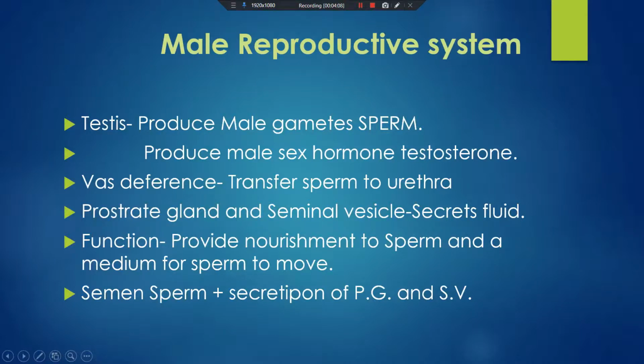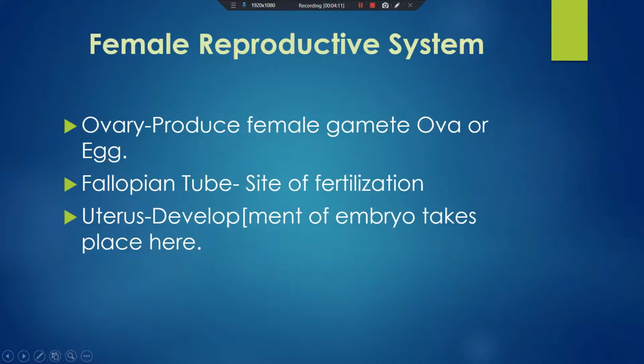Now, the female reproductive system. The primary organ of the female reproductive system is the ovary. Similar to the male, one pair of ovaries is present in the female. The function of the ovary is to produce the female gamete, ova or egg.